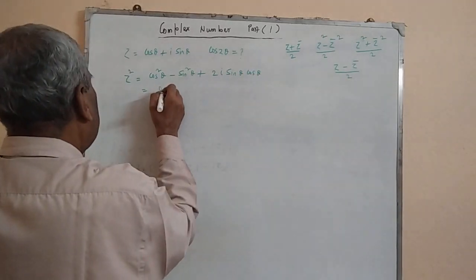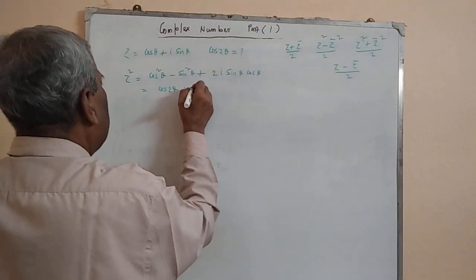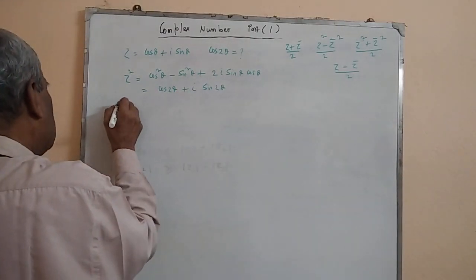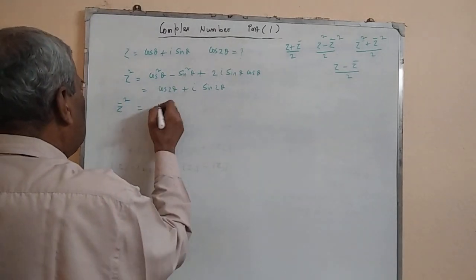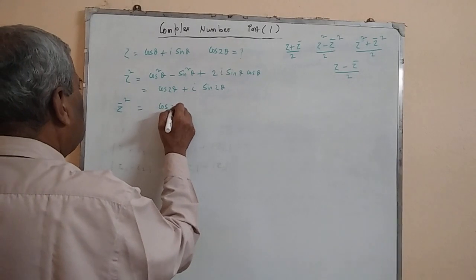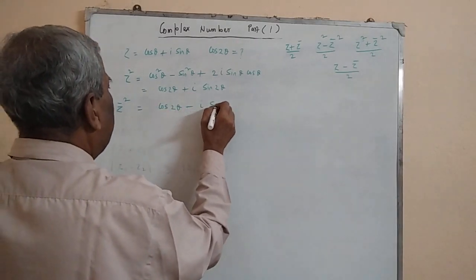It is equal to cos 2 theta plus i sin 2 theta. Z bar square is simply equal to, here i will be minus i, cos 2 theta minus i sin 2 theta.